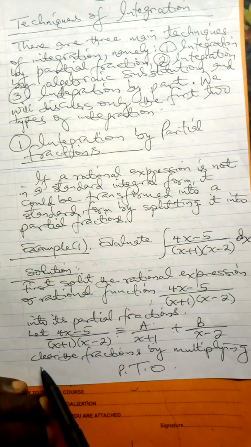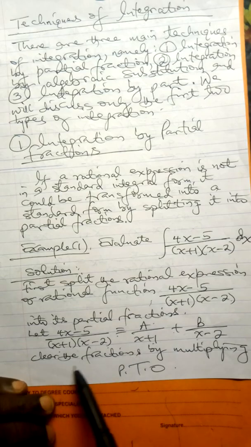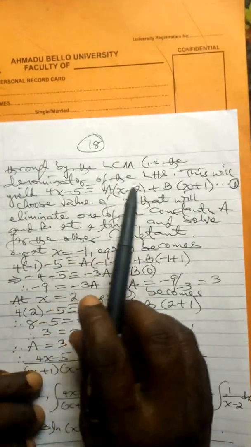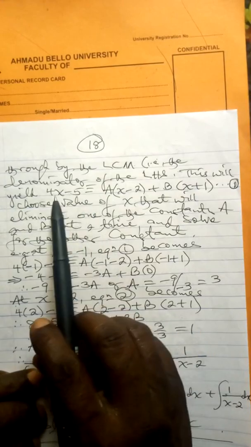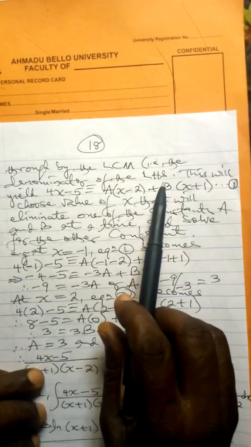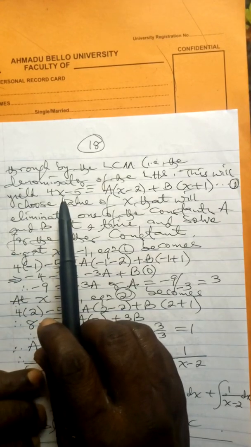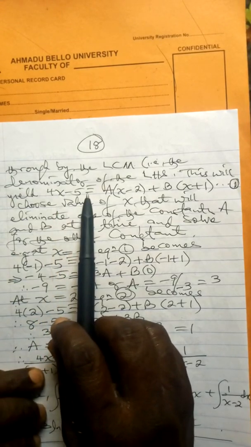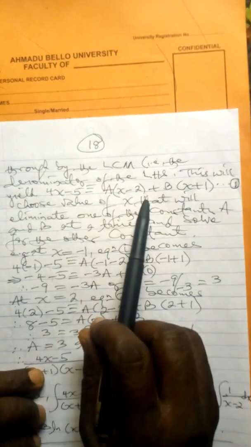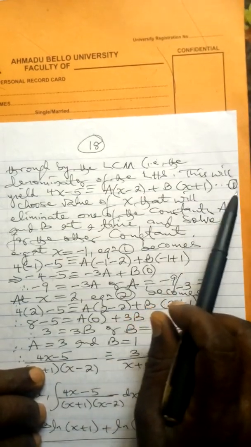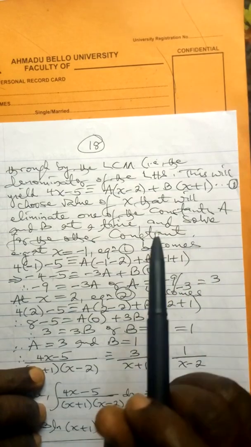Now, the next thing is to clear the fractions by multiplying through by the LCM, i.e. the denominator of the left-hand side. This will yield 4x minus 5 is equivalent to a into x minus 2 plus b into x plus 1. Call this identity number 1.